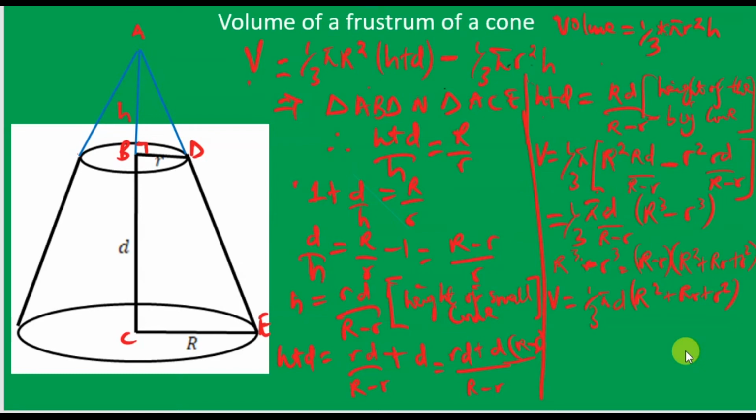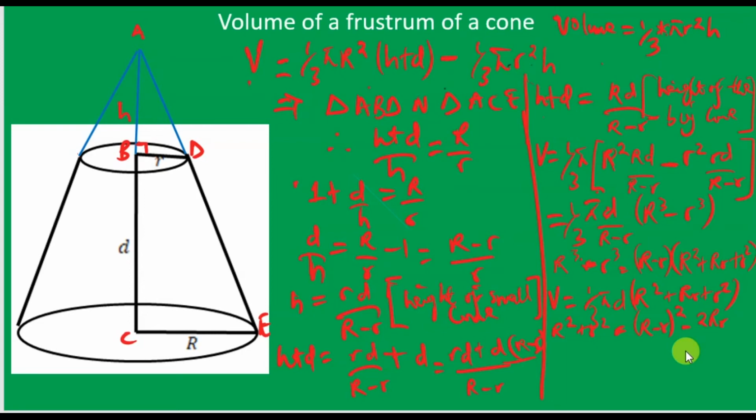So again, we can still go further because we have the addition of two squares here. We know that R squared plus r squared is also (R minus r) squared plus 2Rr. So I can substitute this with this.